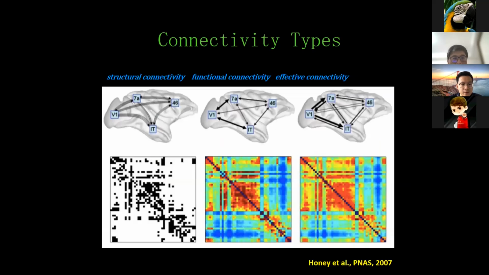Usually there are three kinds of connectivity. The first one is structural connectivity, which we can get from DTI images. Another is functional connectivity, which we can get using functional MR. And finally is effective connectivity.